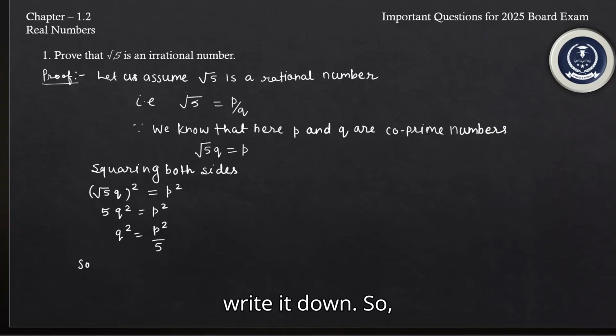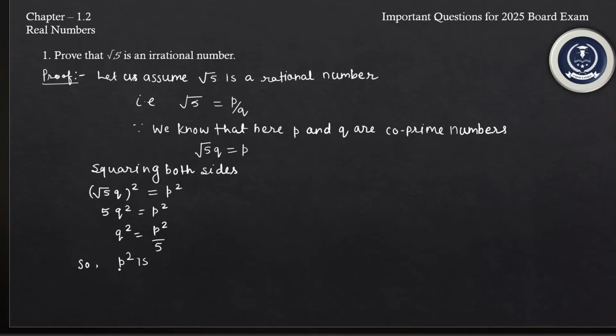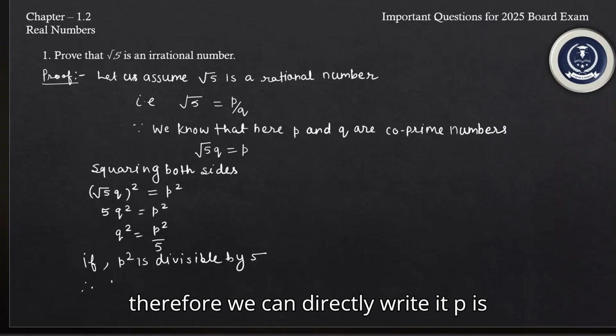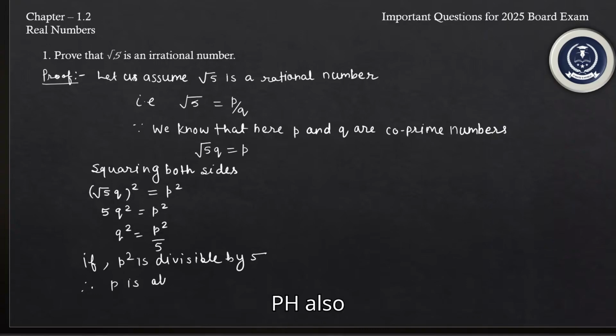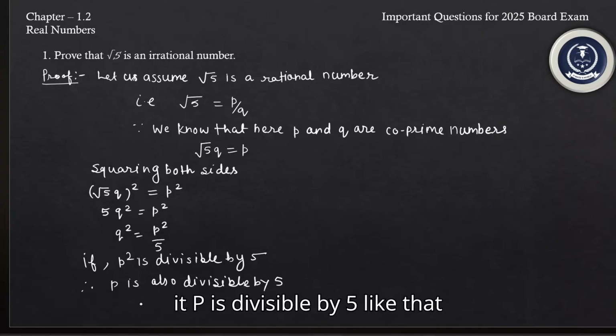So we can write it directly: p is divisible by 5.